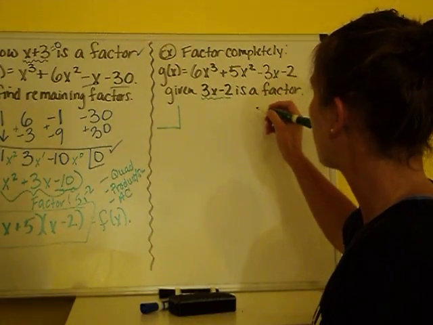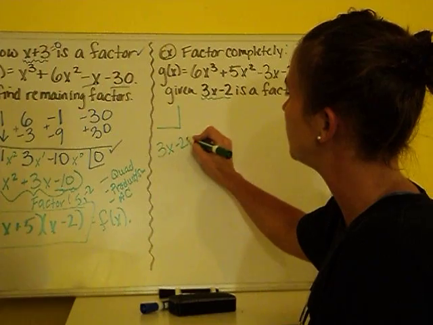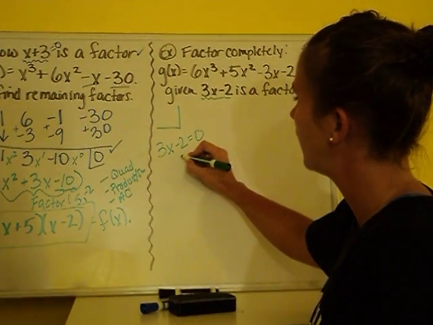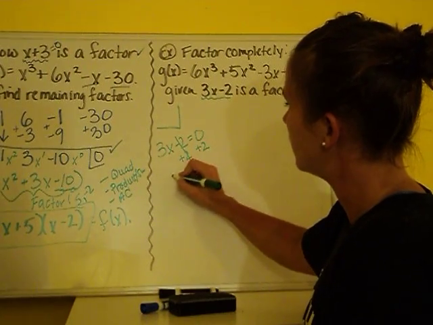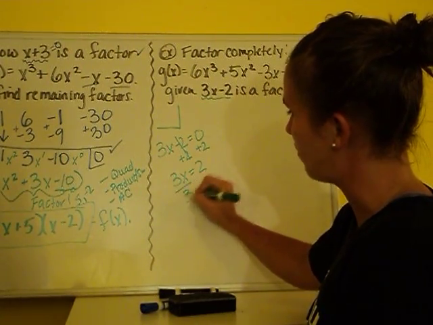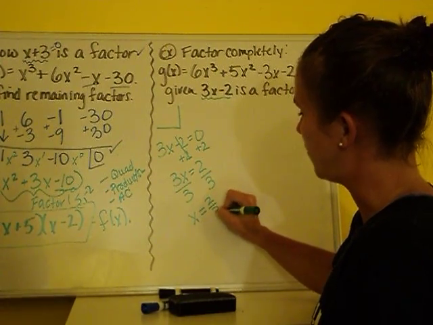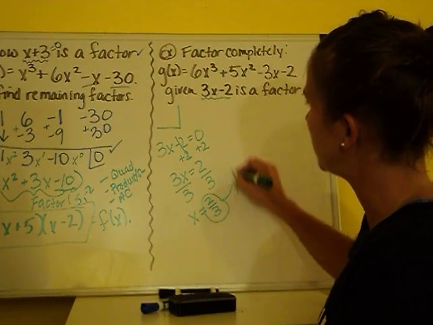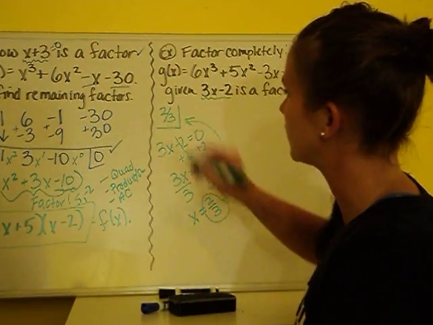So if I set 3x minus 2 equal to 0, I add 2 to both sides. So I get 3x equals 2, divide by 3. x equals 2/3. Okay, that means that this number is going to go inside here. So my 0 is 2/3.